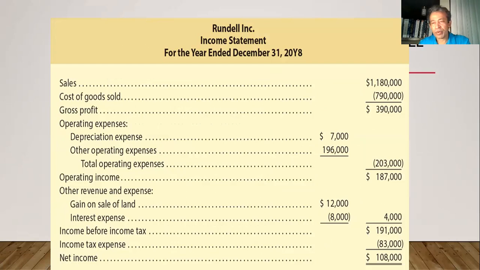So sales of $1.18 million, cost of goods sold of 790,000, gross profit of 390, then depreciation, which is separately reported, and other operating expenses, total operating expense, operating income 187, other revenues and expenses, gain on sale of land, interest expense, income taxes and net income. So net income is $108,000, while our operating income is $187,000. Net income $108,000 is what you're going to use in the indirect method. So that's our income statement.